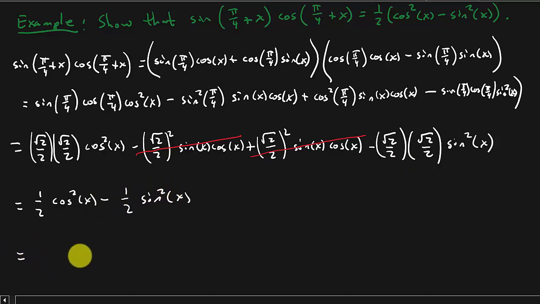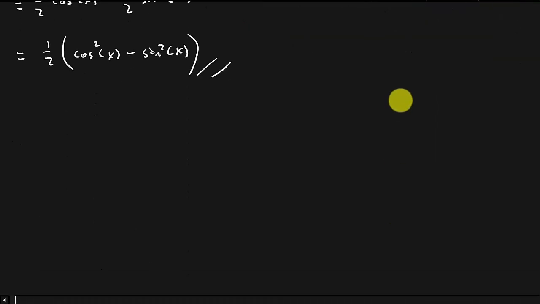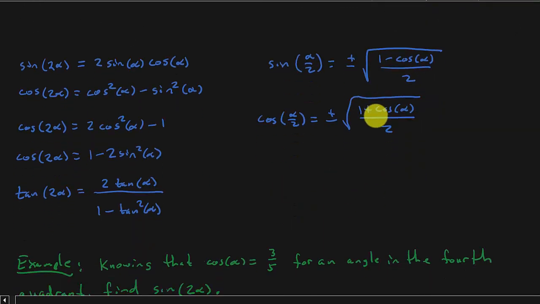And then I can do what? Factor out a half. And that's going to be 1/2 times cosine squared x minus sine squared x. And there it is. There's the right hand side. Okay, so that was just using those sum and difference identities to prove that.